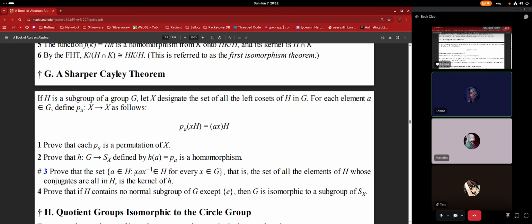Prove that this set, which is the set of all the elements of H whose conjugates are all in H, is the kernel of H, of the other H, I guess. How is that the kernel?